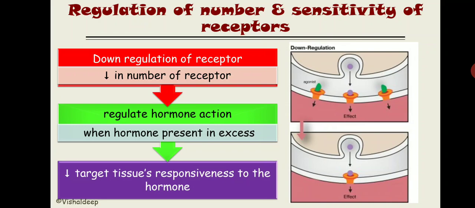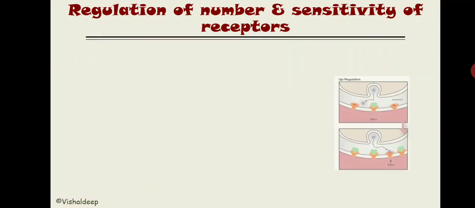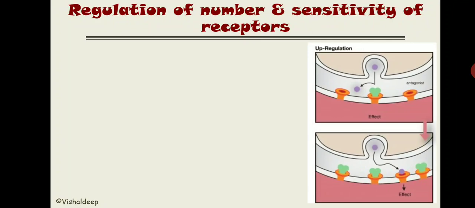Now just opposite to down regulation, there is another regulation known as up regulation. Now what happens in up regulation? It is exactly opposite to down regulation. Whenever the hormone is present in less amount and more action of that hormone is needed, our body will increase the number of receptors, so the action of the hormone will be increased.